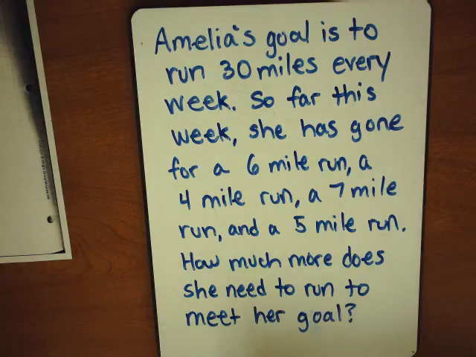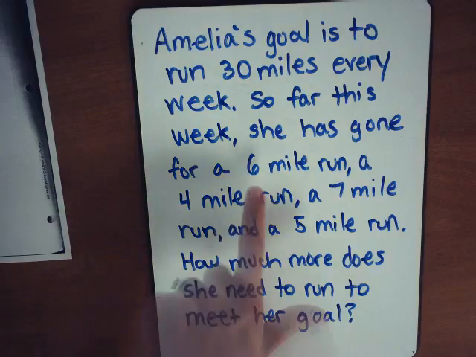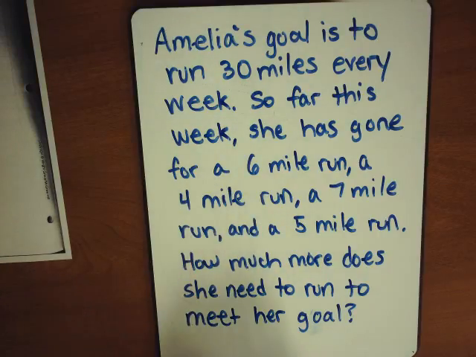This is asking how much more does she need to run to meet her goal. I corrected myself. Okay, we've got a 6-mile run, a 4-mile run, 7-mile run, and a 5-mile run.